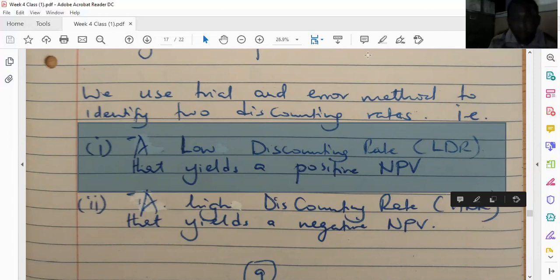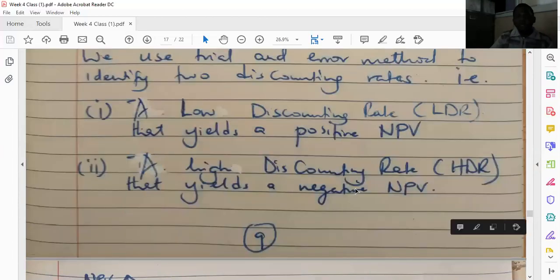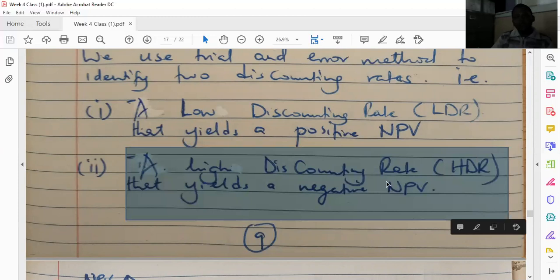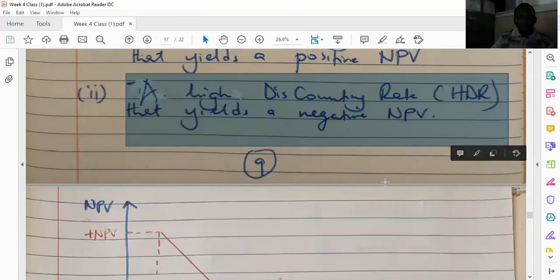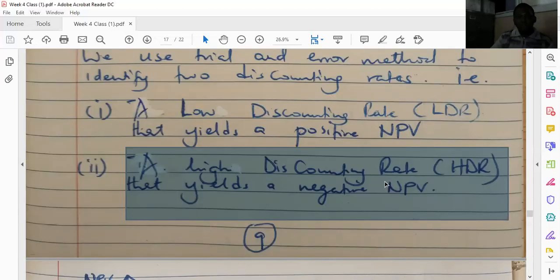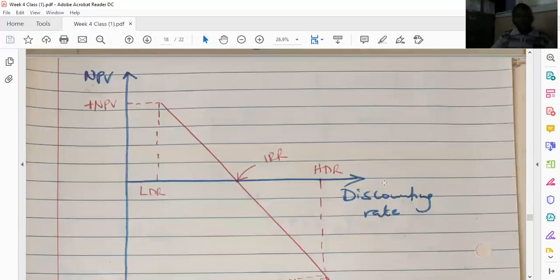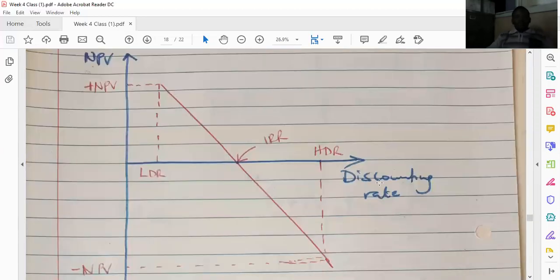So we identify a low discounting rate that yields a positive NPV, and also identify a high discounting rate that yields a negative NPV. So once we have those two, then we can get the internal rate of return of a project. So we need to apply a formula to get the internal rate of return of a project.